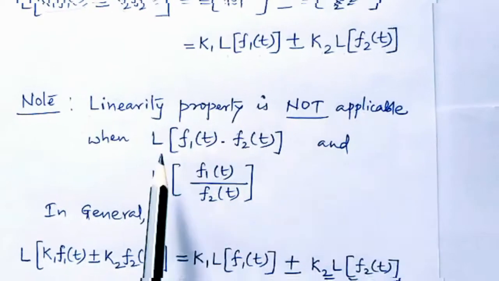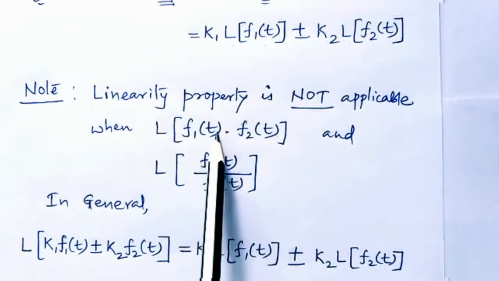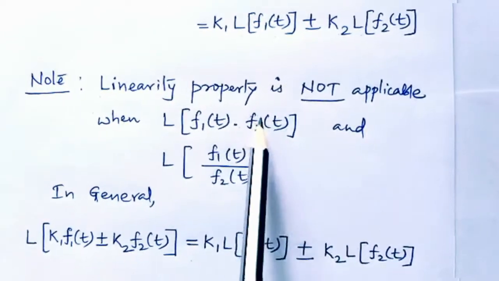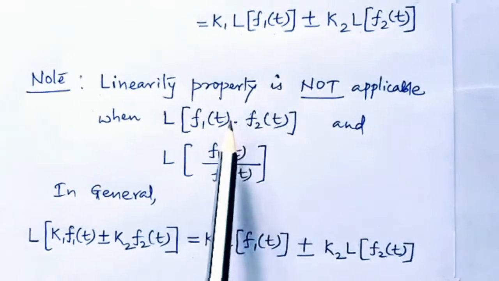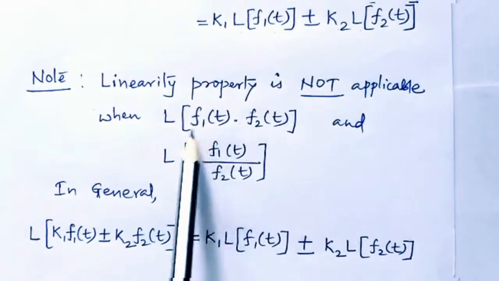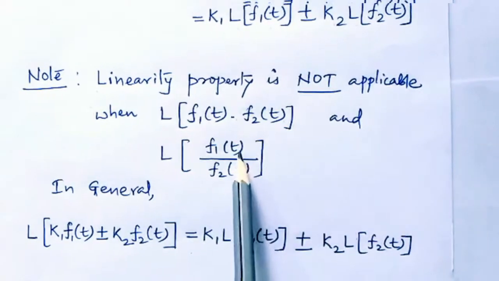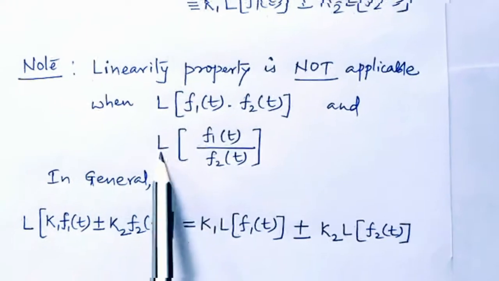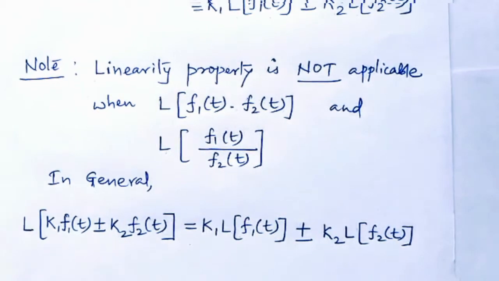Whenever we come across this form, that is, the Laplace transformation of f1 of t dot f2 of t. That means whenever we come across the product of two functions and we have been asked to find the Laplace transformation of such a function, and there is one more possibility, f1 of t divided by f2 of t, and if you want to find the Laplace transform, in that case the linearity property is not applicable.